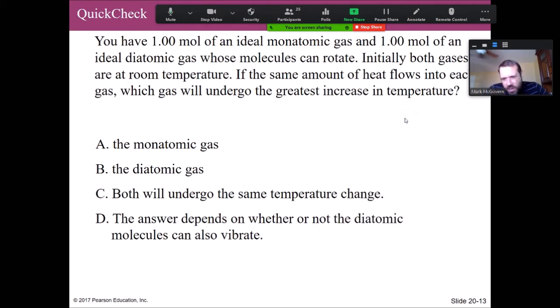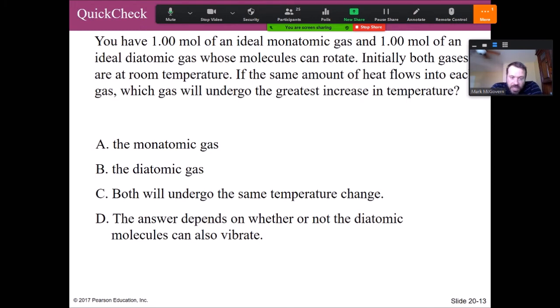Not B's. Guess what? If you're going to put energy into the system, where is it going to go for a monatomic gas? It's going to go into translational energy. If you put that heat into a diatomic gas, where's that going to go? Some goes to translational energy. Some goes to rotational.